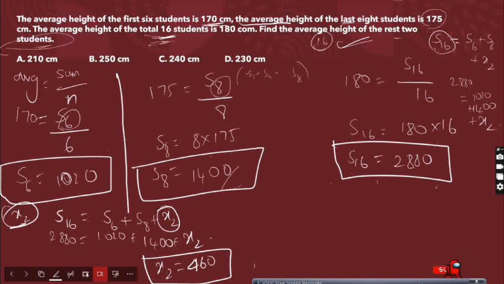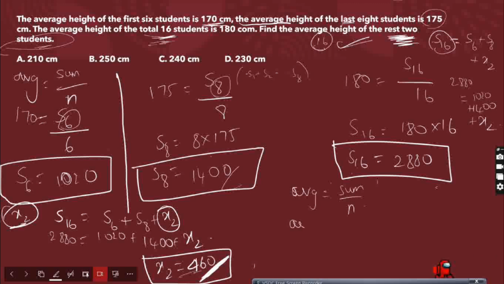Now we need to find the average of these 2 students only. So average is sum of observations divided by number of observations. We need to calculate for these 2 only. They are asking to calculate the rest 2 students only, right?